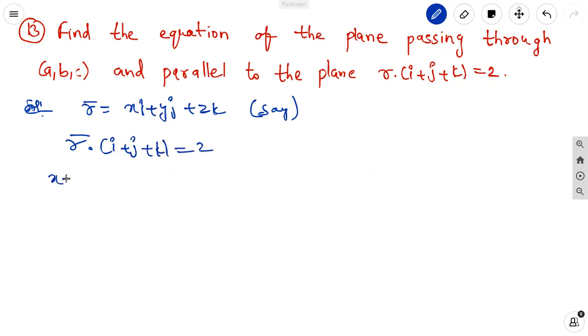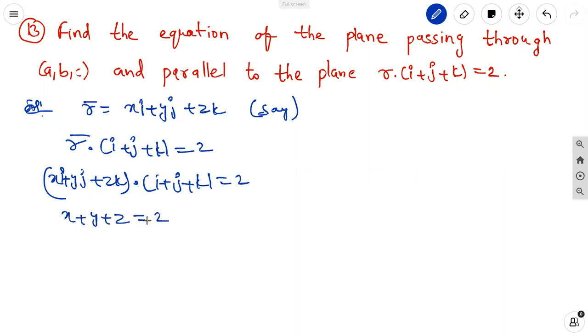Substituting xi plus yj plus zk dot (i plus j plus k) equal to 2, we know that i dot i equal to 1, so x plus y plus z is equal to 2. So here, this is the equation.